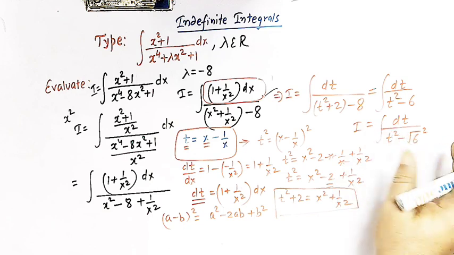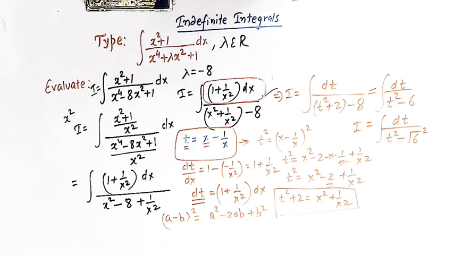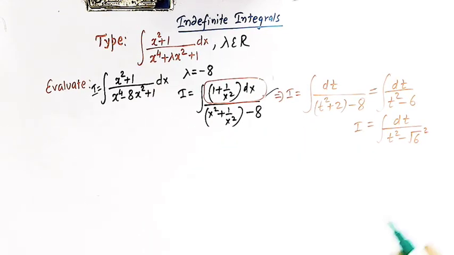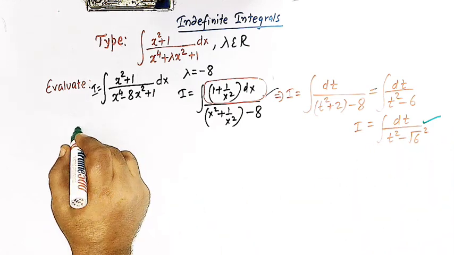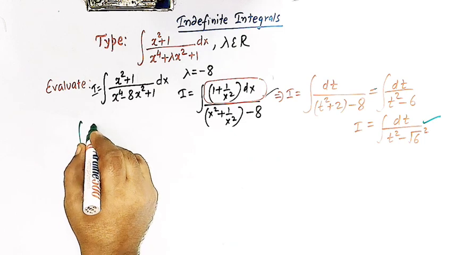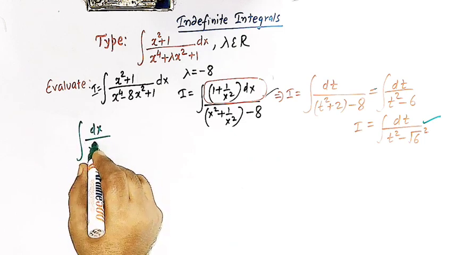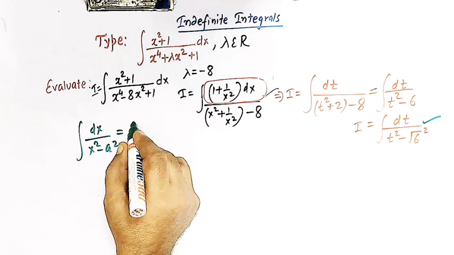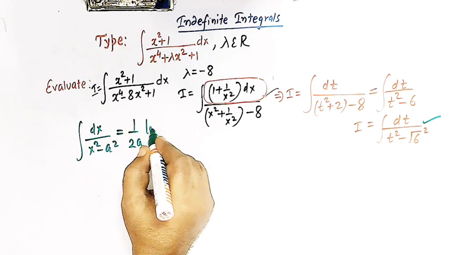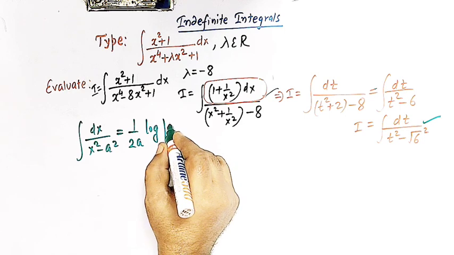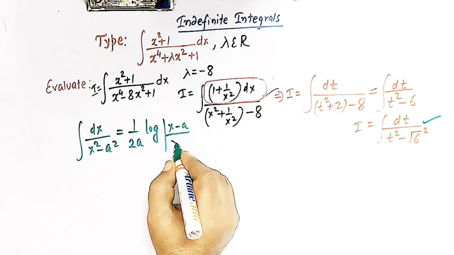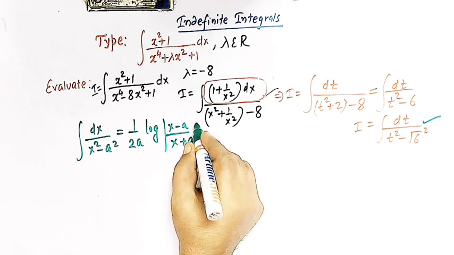And now this is a standard form in indefinite integrals. So now we can easily find out the indefinite integral of this expression, because here we have a direct result, that is integral dx over x square minus a square, and this is equal to 1 over 2a, and we have the natural log of the absolute value of x minus a over x plus a, right?